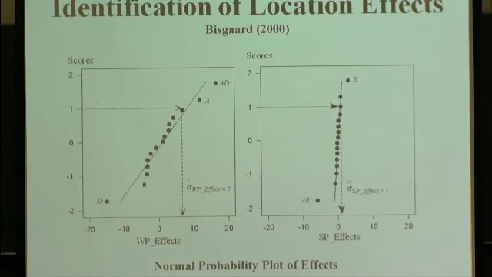Here is the identification of the location effects. I have used the normal probability plot for each stratum, for each level. At the whole plot level, the effects that were judged to be significant were the main effects of A, D, and the two-factor interaction between A and D. Here we have the standard normal distribution quantiles. So the scale here is in terms of standard deviation.